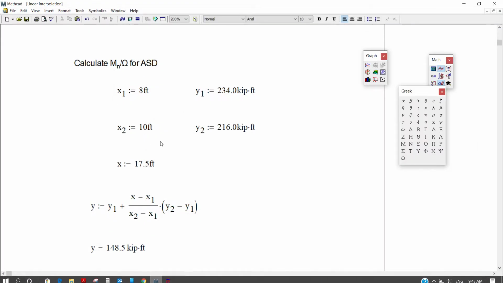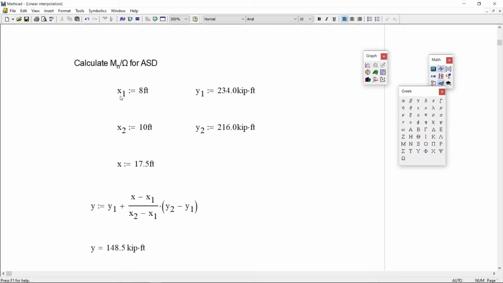Here I can show you. These are the values for 8 feet and 10 feet. I can see at 8 feet the value of moment is 234, and for 10 feet it is 216. For 17.5 feet, my extrapolated result is 148.5 feet.